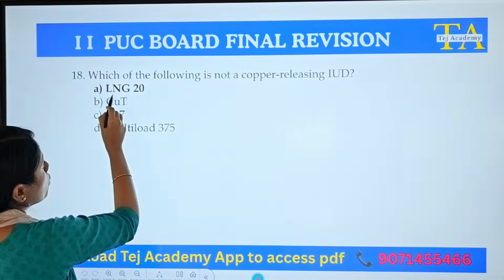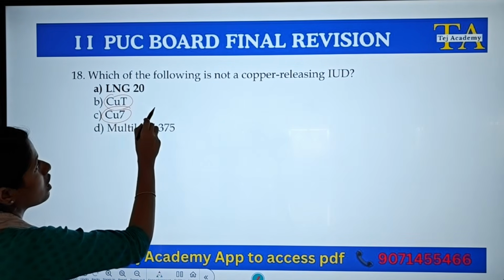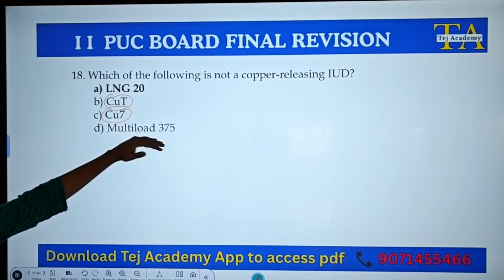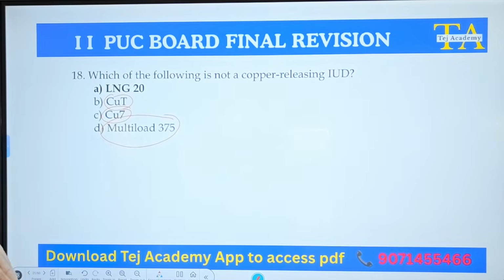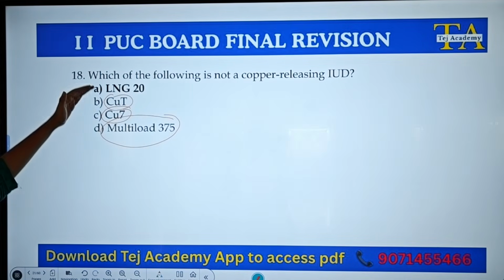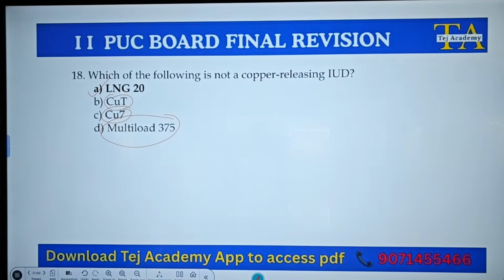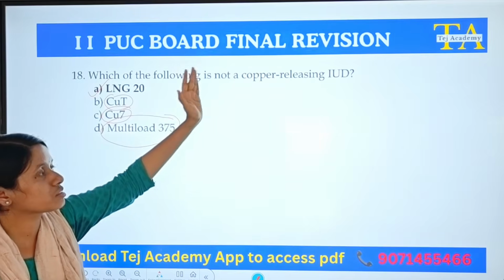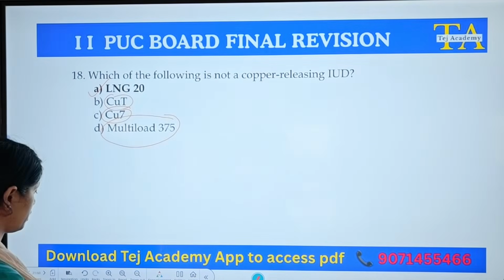Here you see copper T, CuT, and copper 7, these both are copper releasing IUDs. And multiload 375 is also an example of a copper releasing IUD. So among all these four options, only LNG20 is a hormone releasing IUD. That means it is not a copper releasing IUD. So the answer is LNG20.